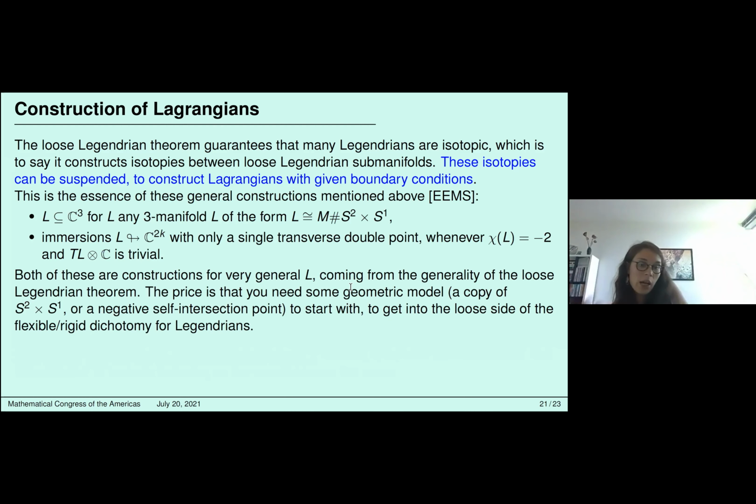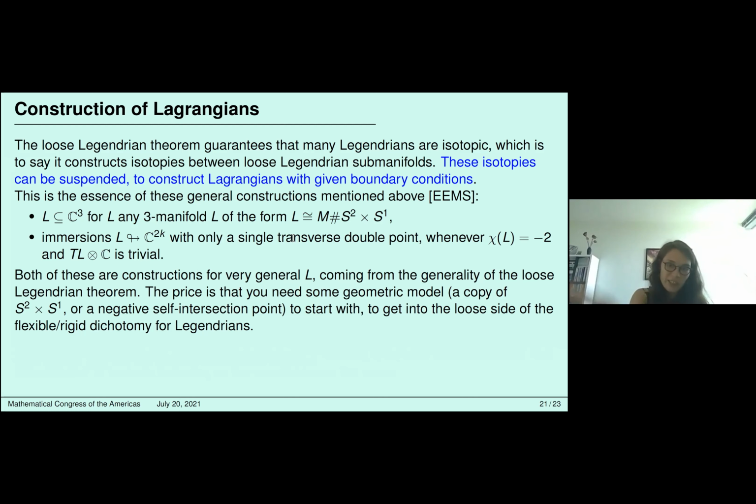Now, of course, these constructions work for very general L, and they come from the suspensions, but the price for that is that you can only construct isotopies for loose Legendrians, right? So you need a source of that flexibility. That's always going to be this funny geometric model.